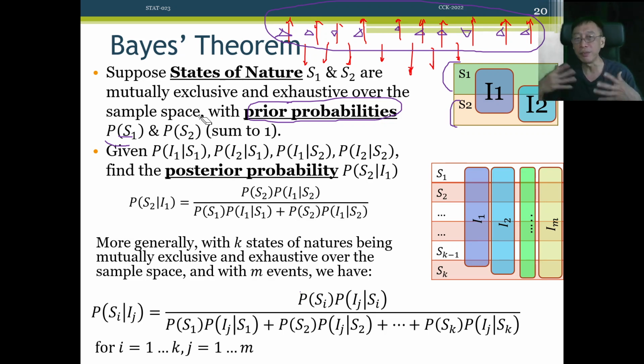It is very difficult, and you cannot purposely inject people with COVID-19 and see whether the person dies or not, right? So it is very difficult, and you have to wait, and time is of essence. And so sometimes it's much easier to carry out experiments in the sense of gathering P of I1 given S1, P of I something given S something, and then reverse back to get the other conditional probabilities. Right. So these are the two major applications of Bayes' theorem.